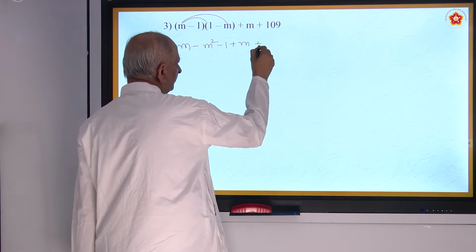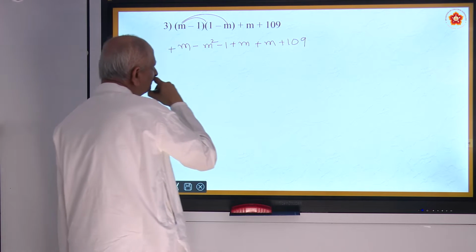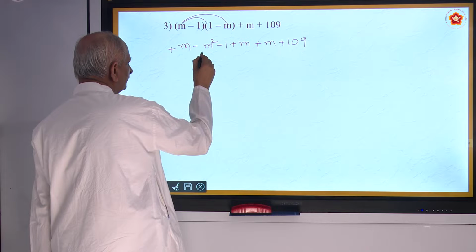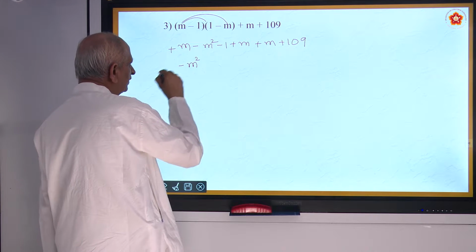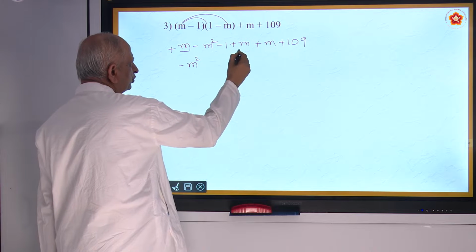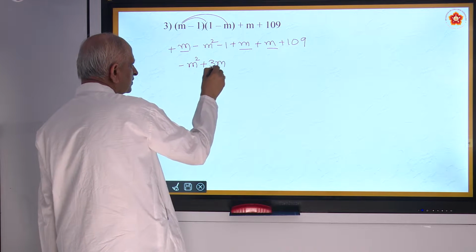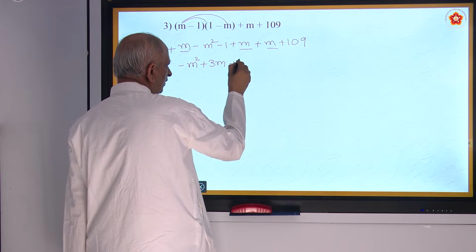Then one more m here and 109 here. Okay. Now you see, this is minus m squared first, and this is 1m, 2m, 3m. So plus 3m. And 109 minus 1, 108.